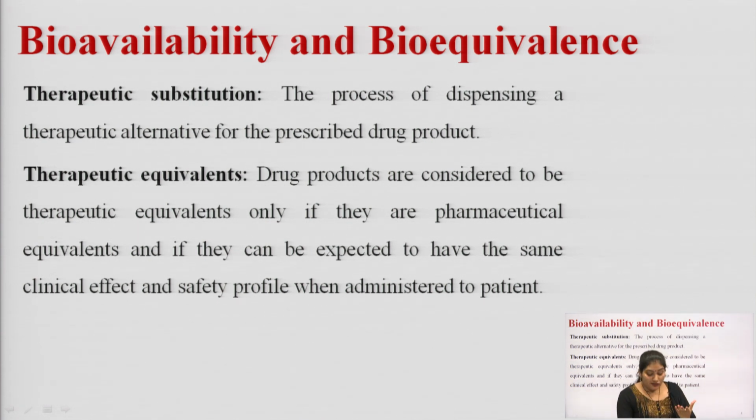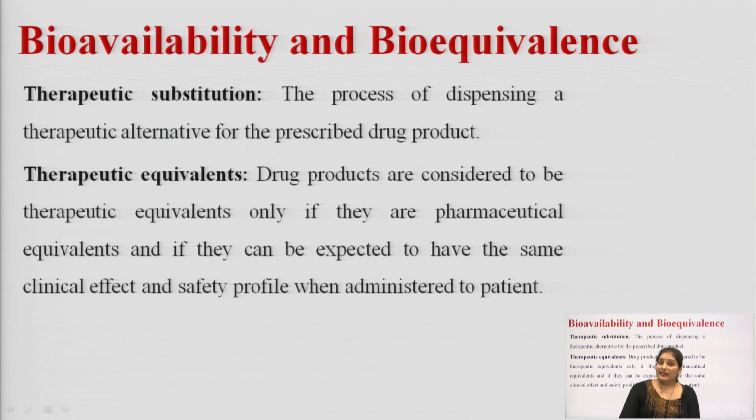And the influence of the route of administration on drug bioavailability is also there. So, depending on the route of administration, we can achieve different rates of bioavailability. For example, if we go for parenteral administration, oral, rectal or topical, we will get 100% bioavailability in the case of parenteral. Why?